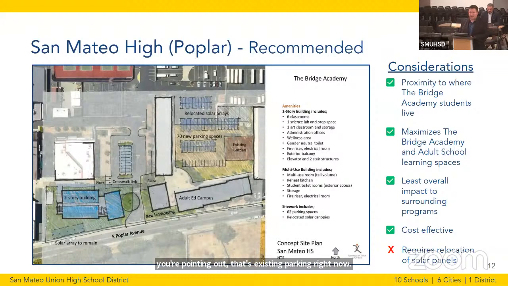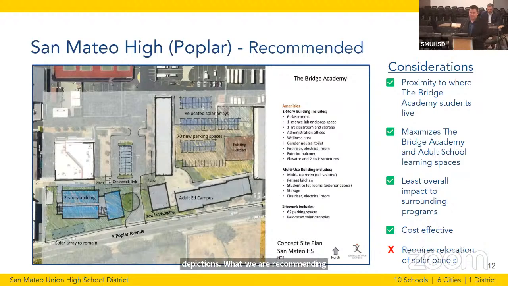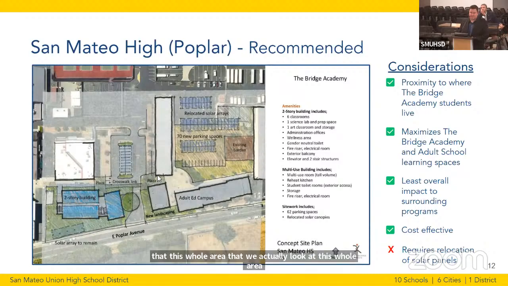Well, it could. I mean, these are all very early draft depictions. What we are very much recommending is that we look at this whole area as potential upgrades for hardscape parking.